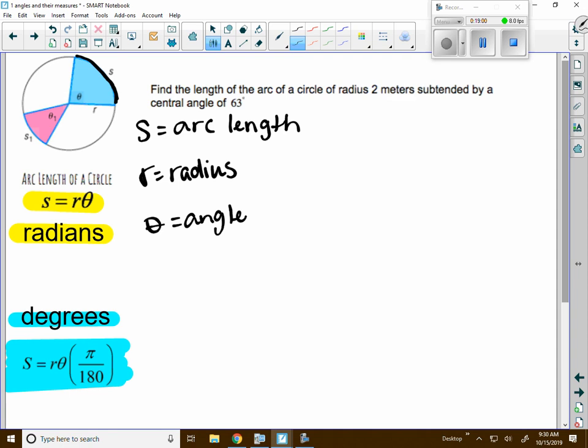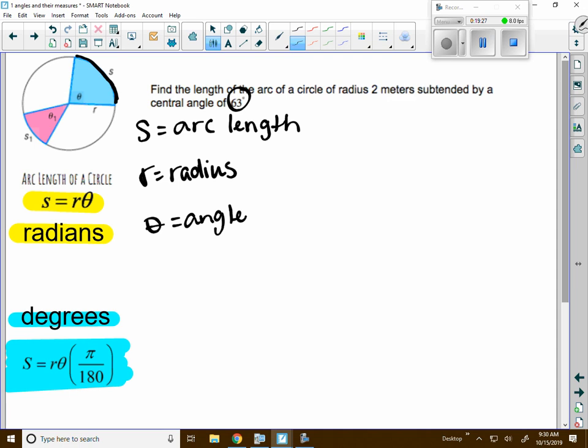Okay, so find the length of the arc of the circle of radius 2 meters, I hate that word, by a central angle of 63 degrees. I've never been able to say that word. So which one am I going to be using? Radian or degree formula? Degree, because I'm given 63 degrees. If I gave you radians, you would have to use the radian formula.